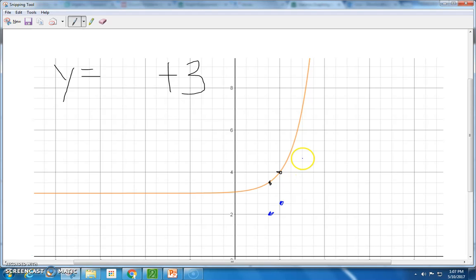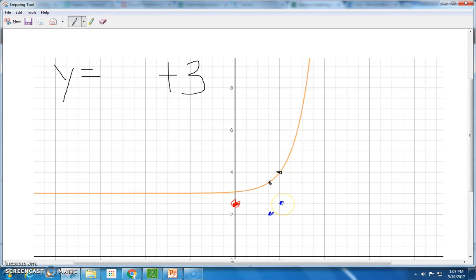All right. Now, the thing I know for sure is that we always have in our parent function one point that every single parent function passes through, and that point is at the point 0, 1, right there. So I can see that one of these 2 points could easily slide back into that point, and it looks to me like it's this one over here.